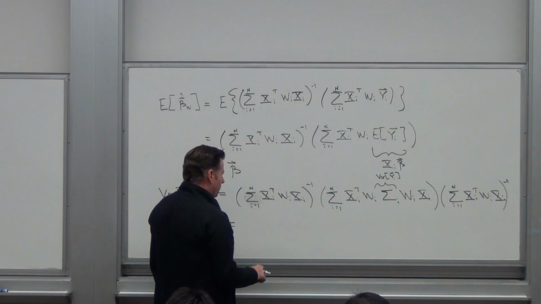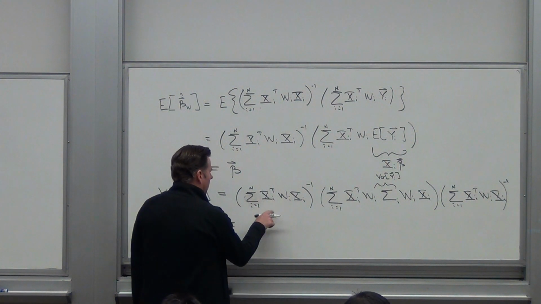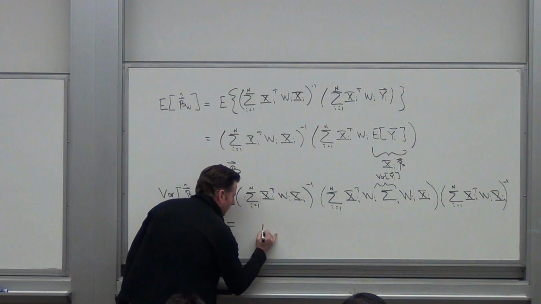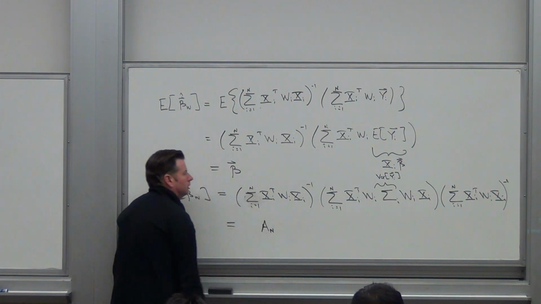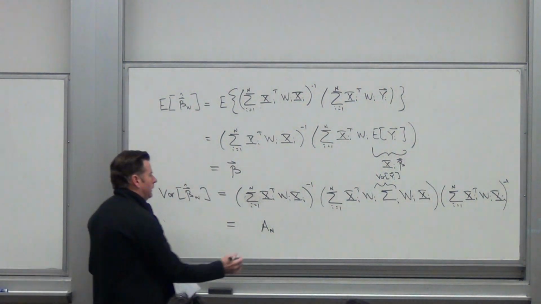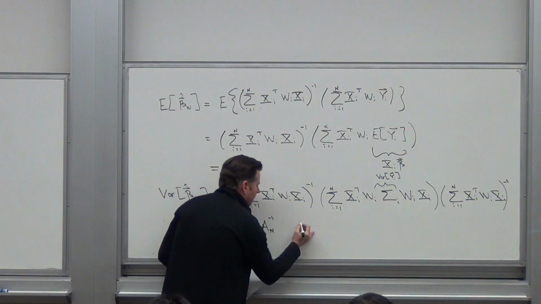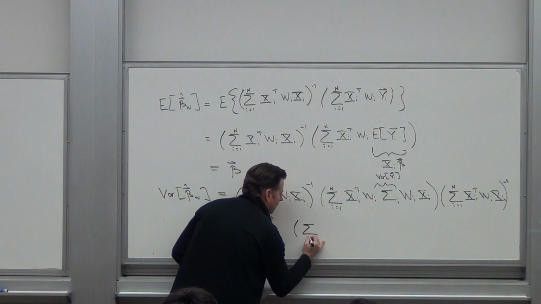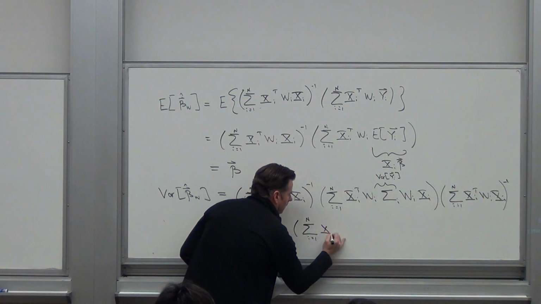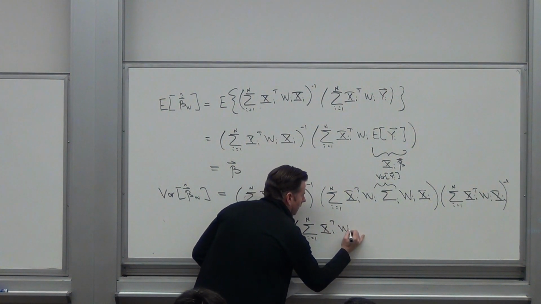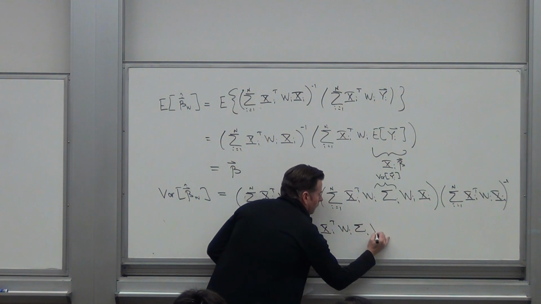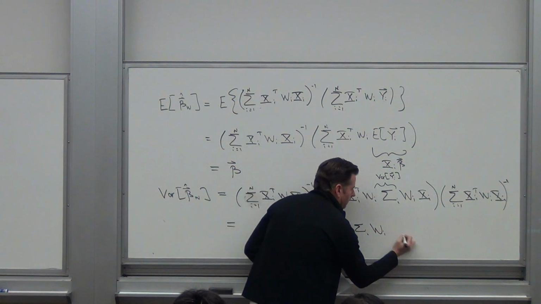Okay. So now, if I take this guy and I'm going to call this AN, I'll put an AN inverse, so I'm calling AN this particular guy here. True variance sandwiched inside of the middle.